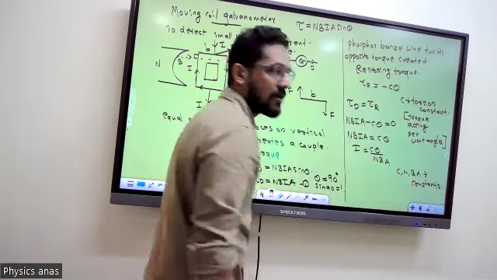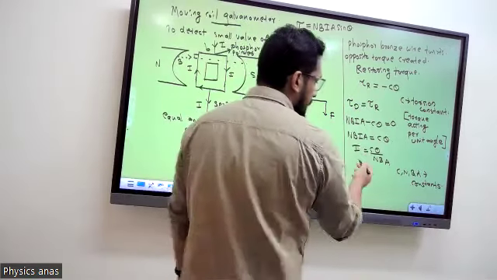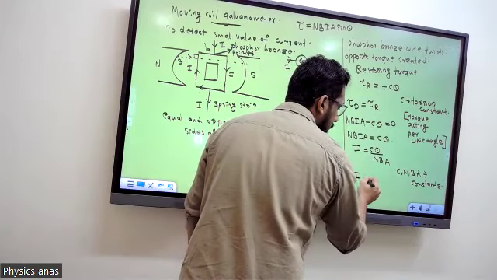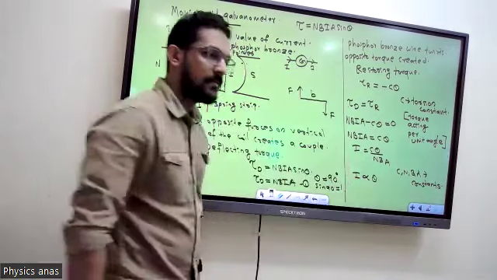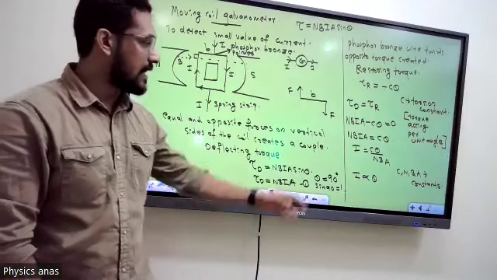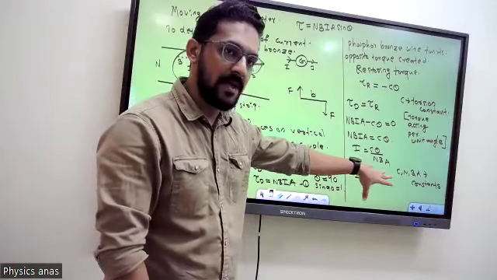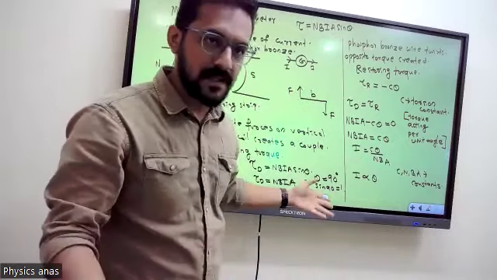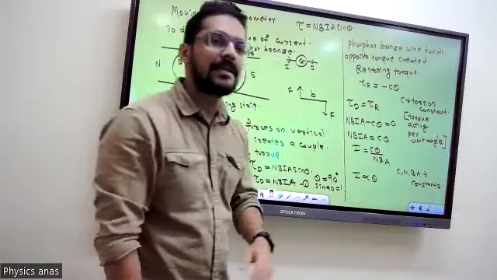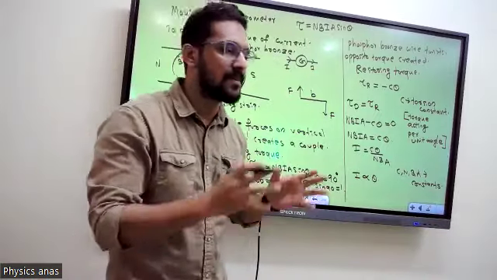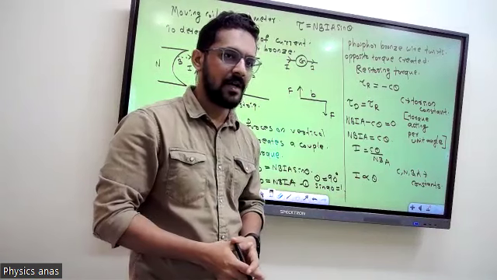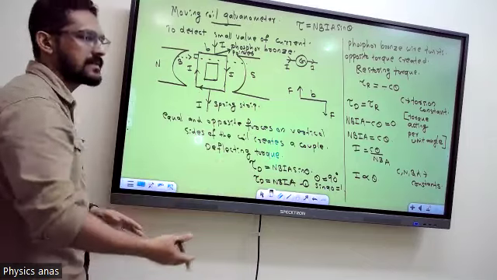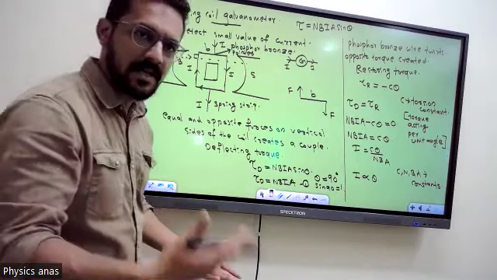If I is equal to C theta divided by NBA, and C, N, B, A are constant, then you can write it like this: I is directly proportional to theta. What is the meaning of that? Current increases, theta increases; current decreases, theta decreases.